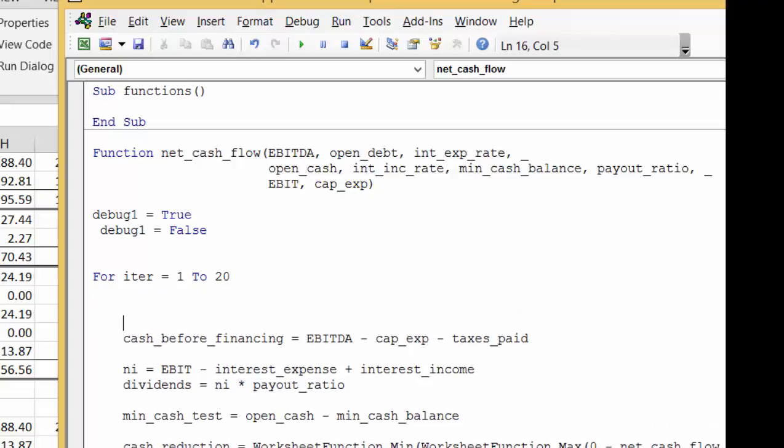Now the taxes paid equal the adjusted EBT, how about that? Times the tax rate.